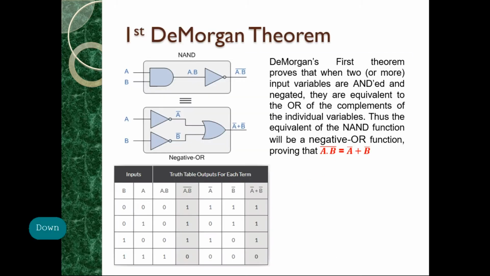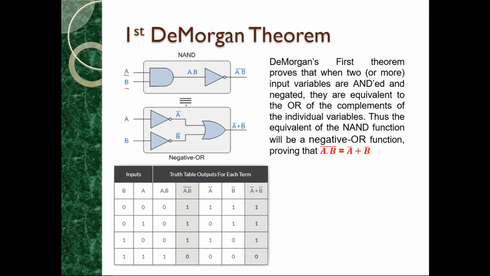This is the first DeMorgan theorem. It says that when two or more input variables are ANDed and then negated, or complemented, it is equivalent to the OR of the complements of the individual variables.